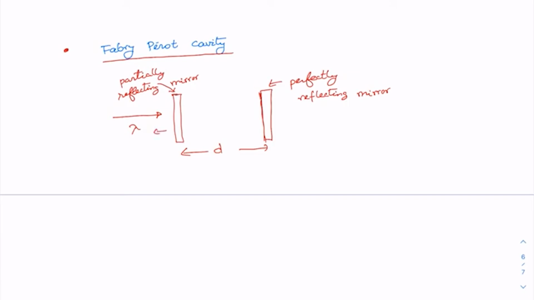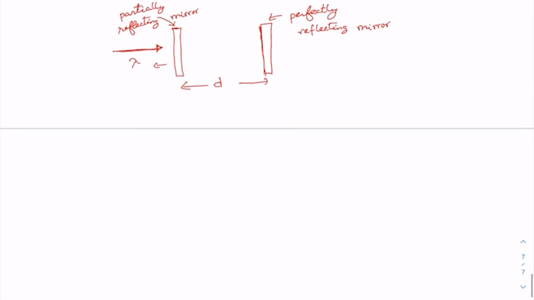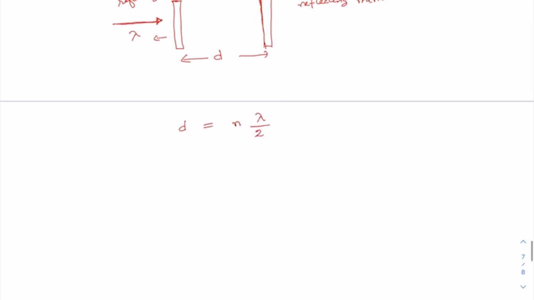That is the idea here. But not all wavelengths can enter into this Fabry-Perot cavity. Only those wavelengths which satisfy a particular condition: the length of the cavity, the distance between these two mirrors, has to be an integral multiple of the half wavelength, which you may know already.